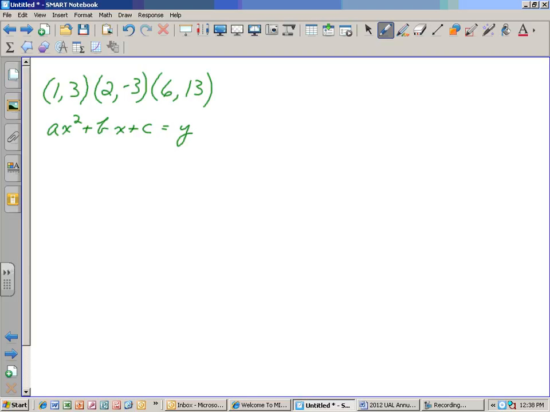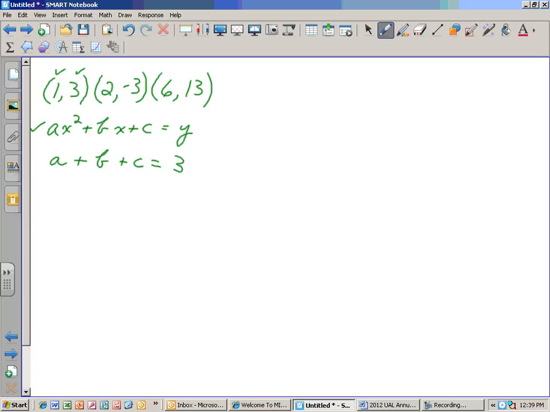Okay, so the information they give us: when x is 1, y is 3. So let's put in 1 for x. 1 squared is 1, I get 1a, plus 1b plus c, and when x is 1, y is 3. I just inserted 1 for x in the general form, and that was the result.